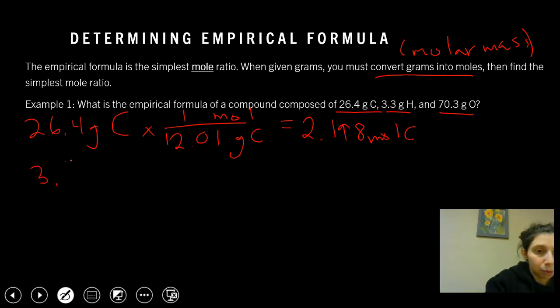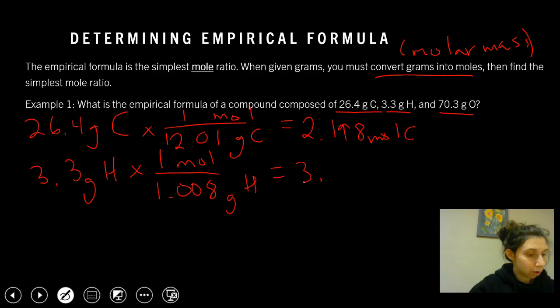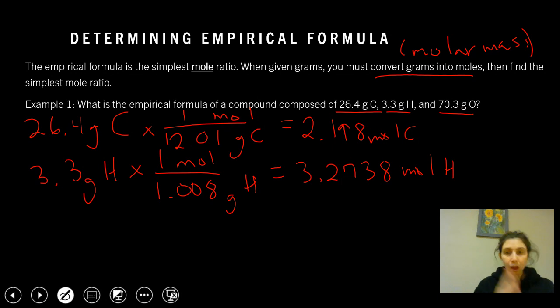Then I have 3.3 grams of hydrogen. And again, I need to convert that into moles of hydrogen. So I'm going to divide by the molar mass of hydrogen, which is 1.008 grams of hydrogen. That's how many grams of hydrogen are in each mole. So I'm doing 3.3 divided by 1.008, and that gives me 3.2738 moles of hydrogen. Notice I'm not really rounding.